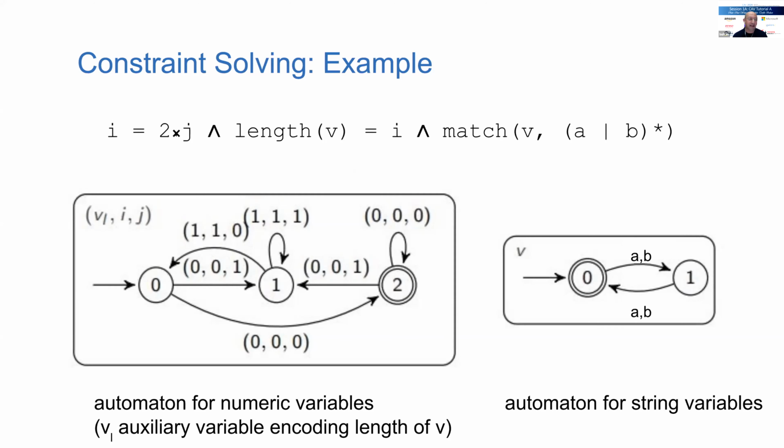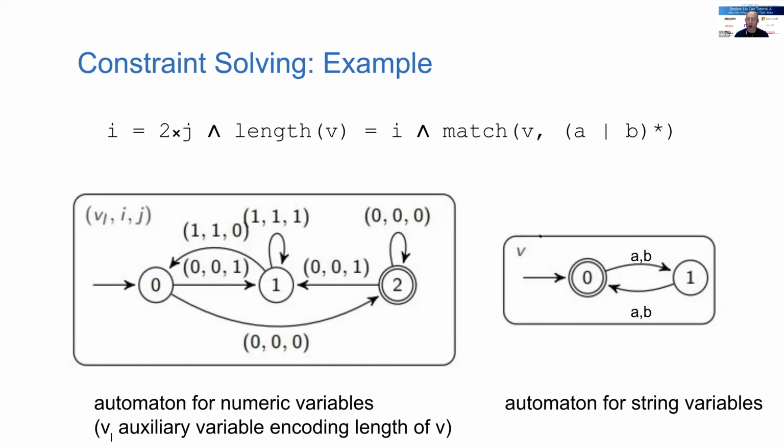So this says that i's value has to be even, and the length of the string variable v has to be even, because i equals 2j, and v should only accept a and b. So our constraint solver can handle this.